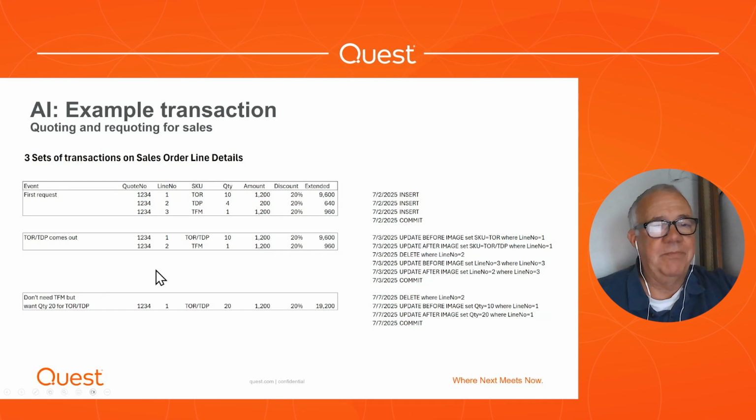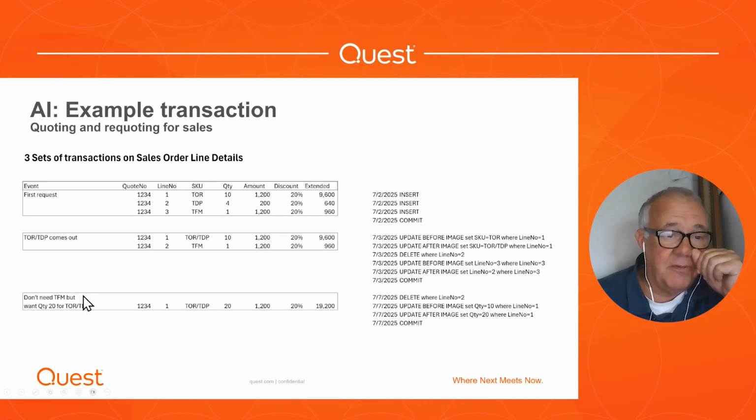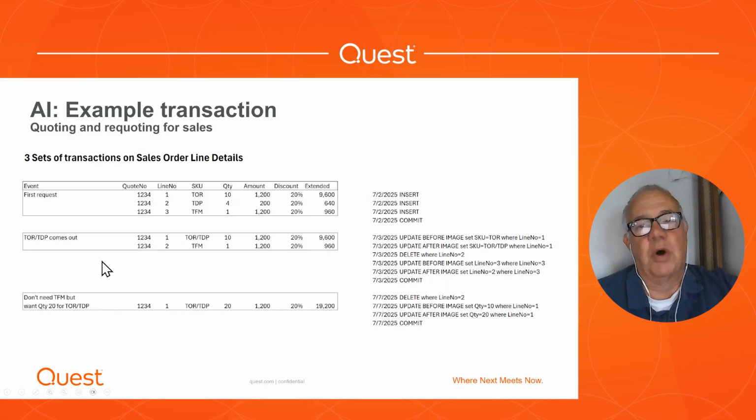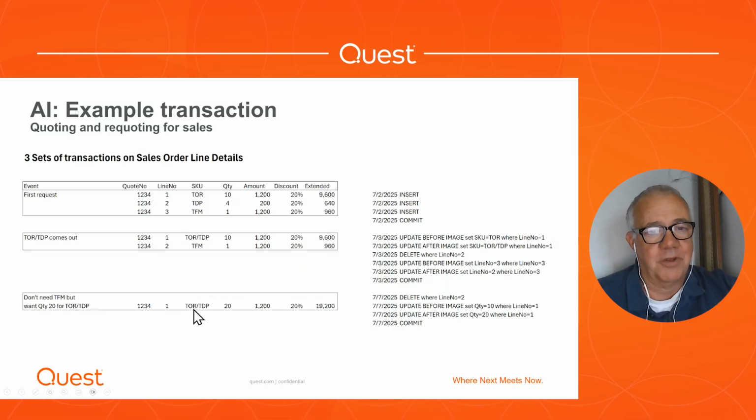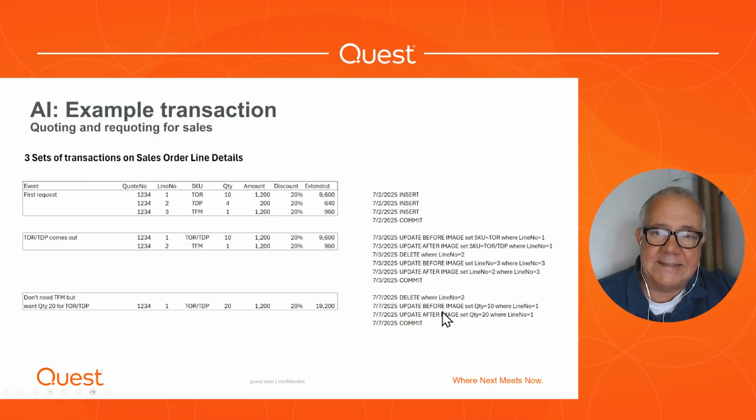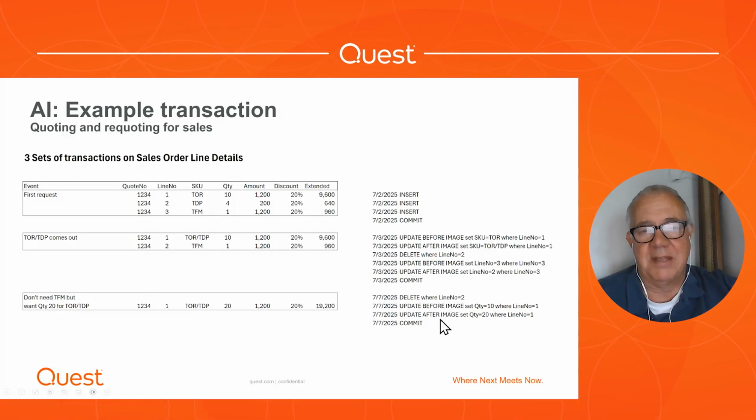Now, finally, the third request comes along and says, well, we don't need TFM, but please make the quantity 20 for the combination of Toad for Oracle and Toad Data Point. And again, we see the required DML to do this. It gets rid of line 2, and then we see an update in terms of quantity, both before and after image, as well as commit.